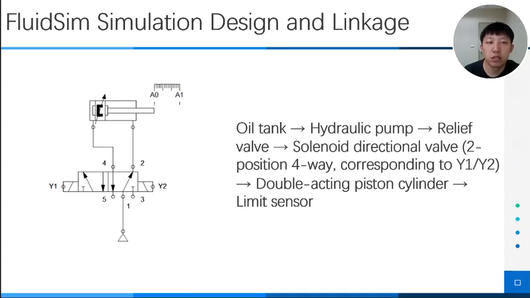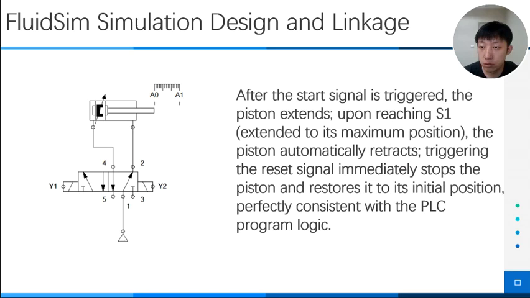The solenoid directional valve is controlled by Y1 and Y2 of the PLC, and the limit sensor signals are used as S0 and S1 inputs of the PLC. The piston extends after starting, retracts automatically when touching S1, and stops immediately when reset is triggered. Let's look.